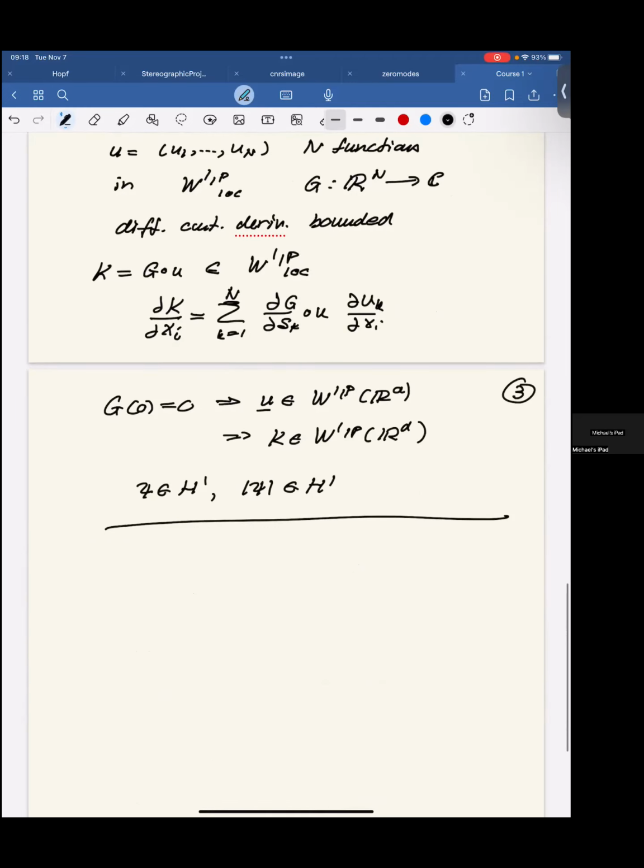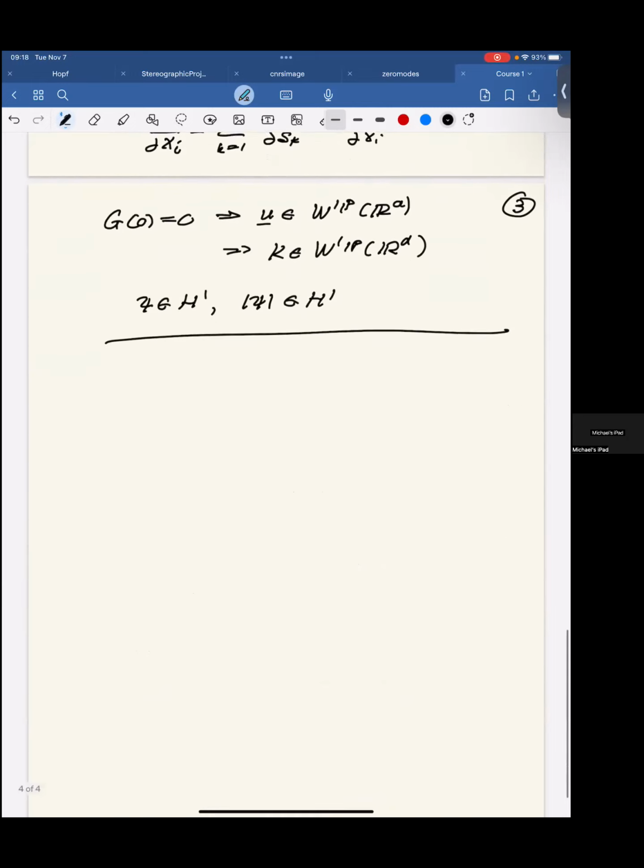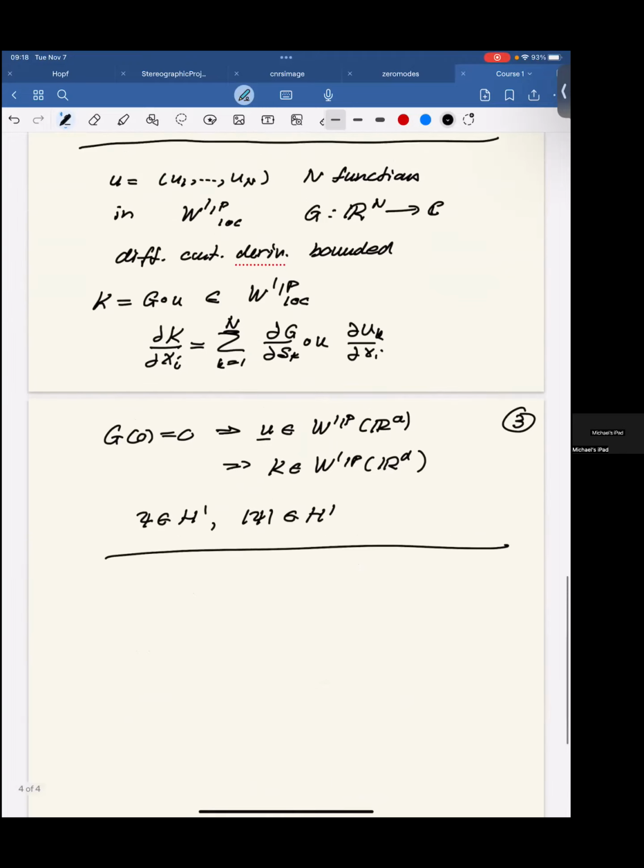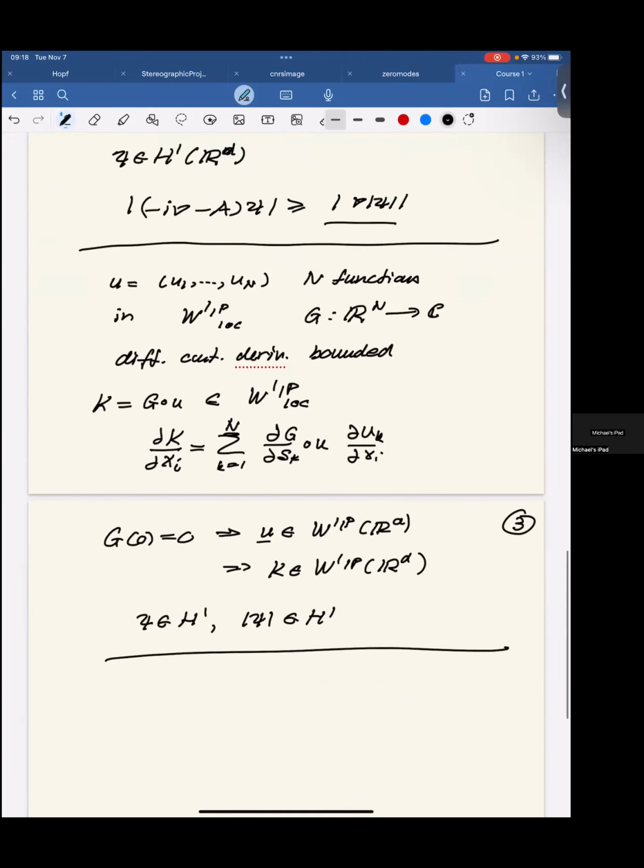The point, of course, is that these are weak derivatives, not the usual ones. Where does G of 0 equals 0 come in? When G of 0 is not 0, then the function K would not decay at infinity, and then it wouldn't be integrable. You stick in the function u, which goes to 0 at infinity.